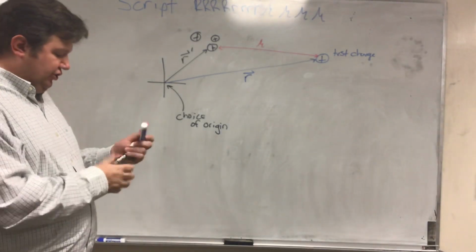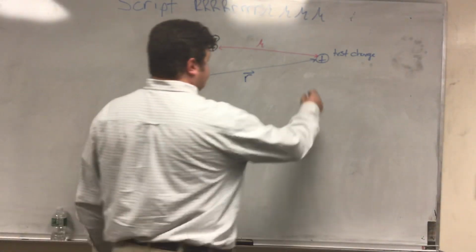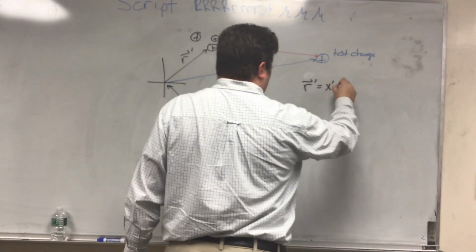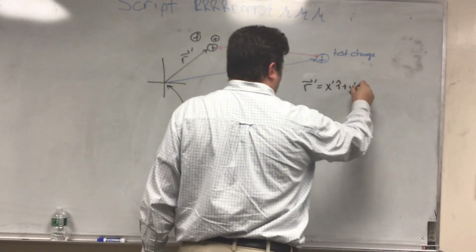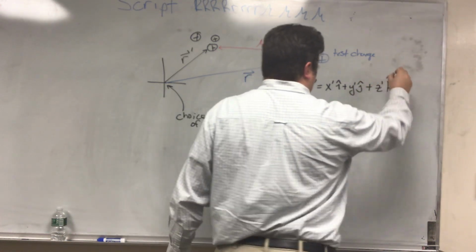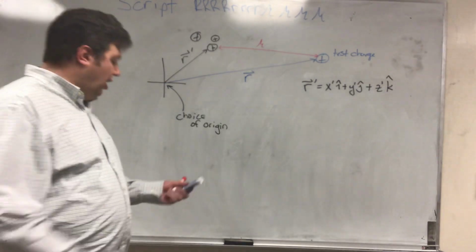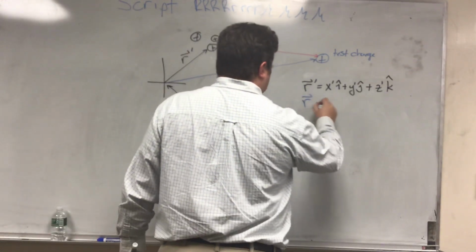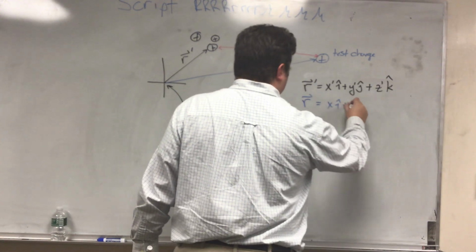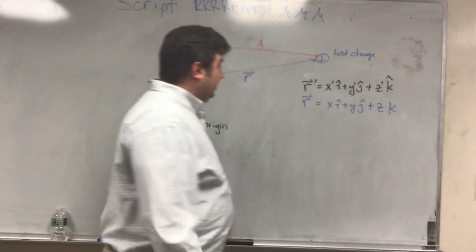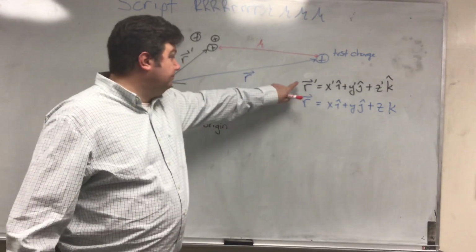R is the traditional vector. So R prime is equal to x prime i hat plus y prime j hat plus z prime k hat. And the R vector is equal to x i hat plus y j hat plus z k hat. No primes.